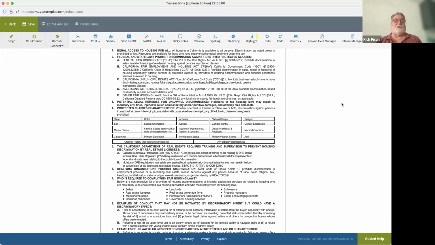The decision should be based on, can they close this transaction? Do they have the money to put down, or are they pre-approved for a loan? Those are the things they should be determining whether this is a good offer or not, not those types of characteristics. So I wouldn't pass it along.